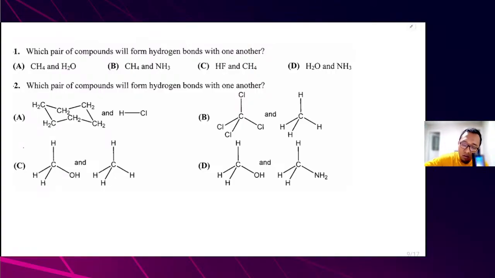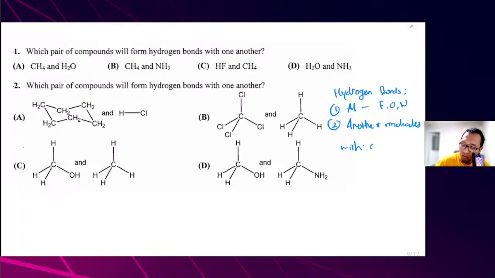Recall our materials: hydrogen bonding requires two things. Number one, a hydrogen bonded to F, O, or N. And number two, another molecule with a lone pair to accept the H bond.